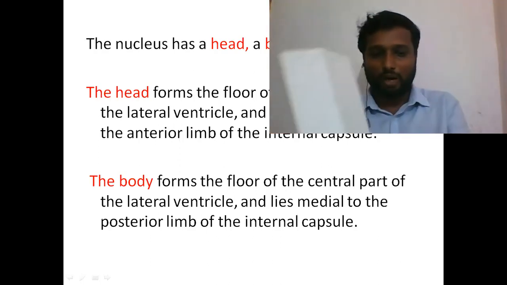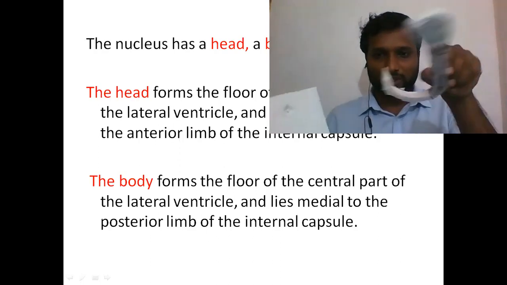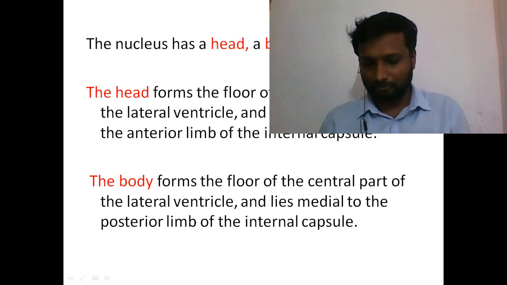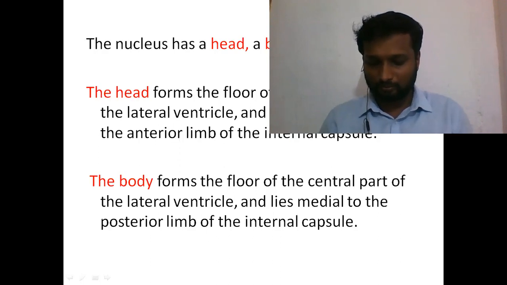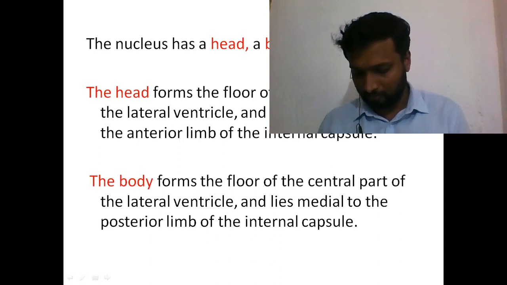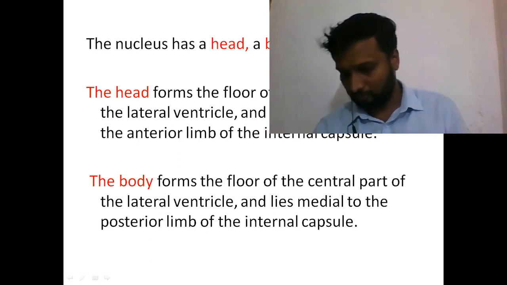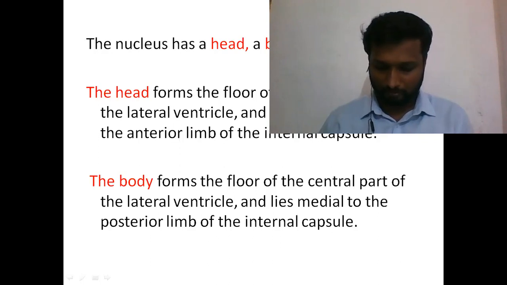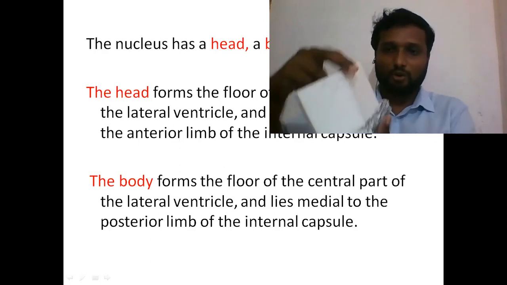Okay. Now how is it arranged here? This caudate nucleus, I am going to place it here. See, almost like this.